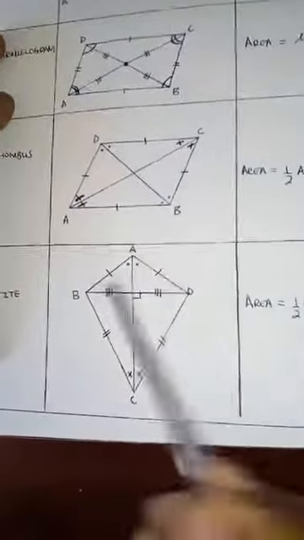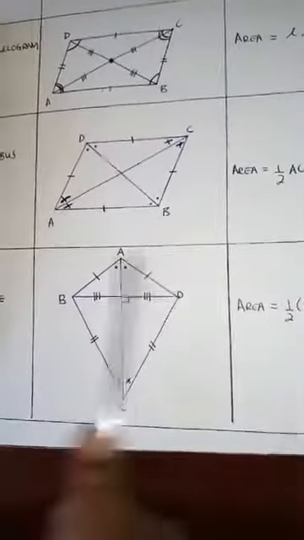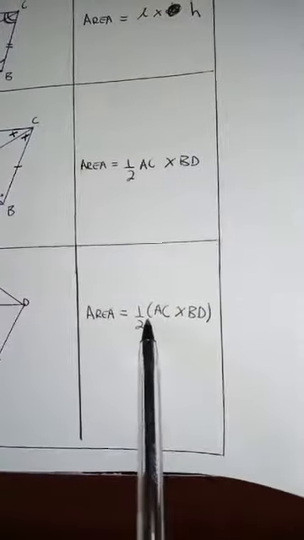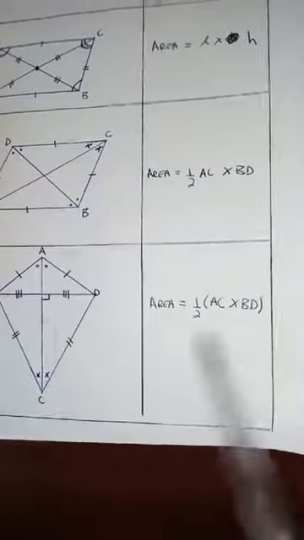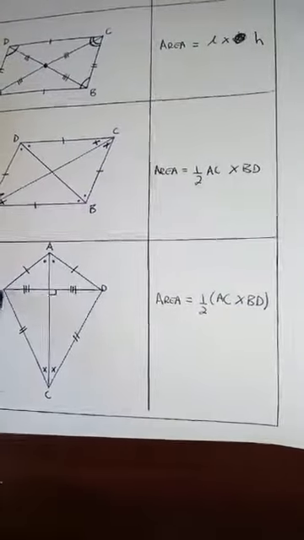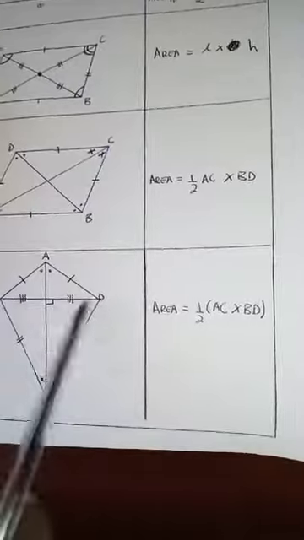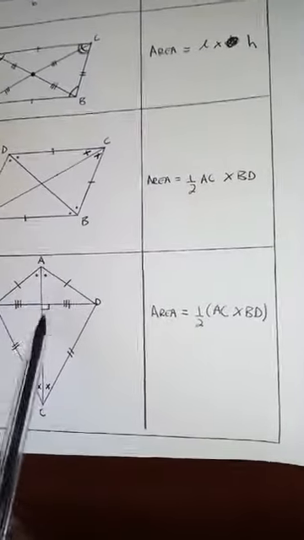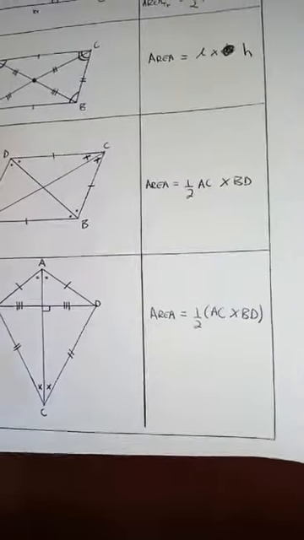Here's a kite, this is the shape of it, and the important thing is that the area is half AC, the longest side of the kite, multiplied by BD, which is the side that forms the perpendicular angle with the longest side, right? So this is just a reminder, okay?